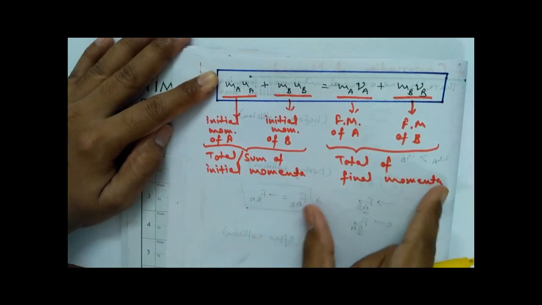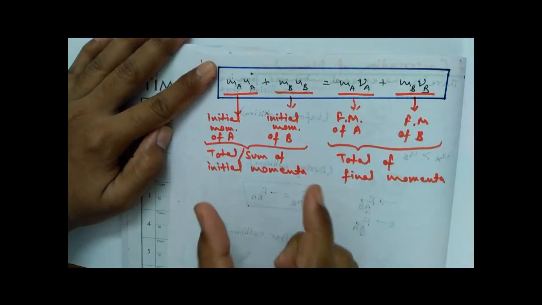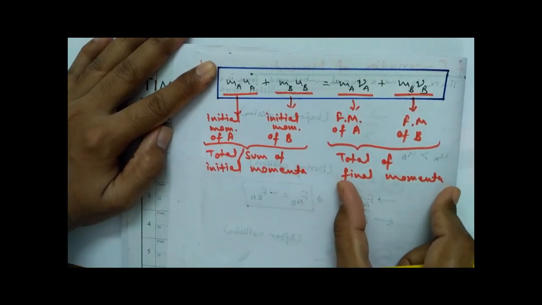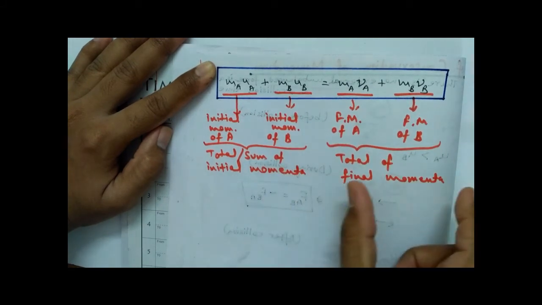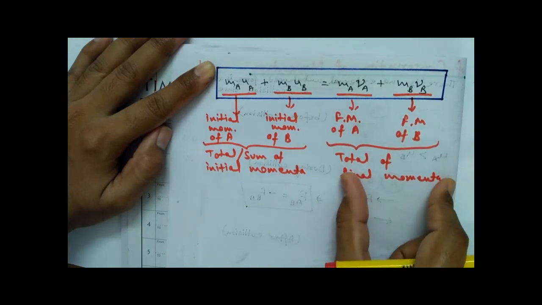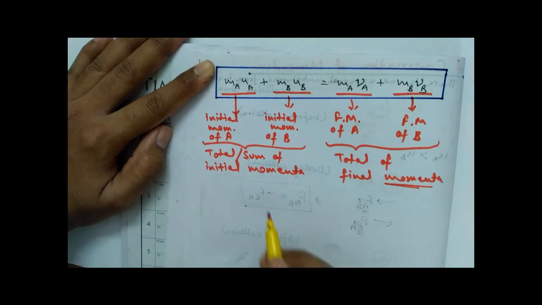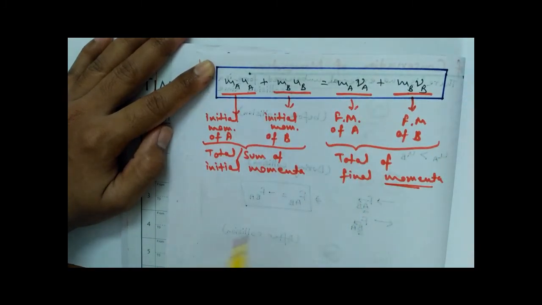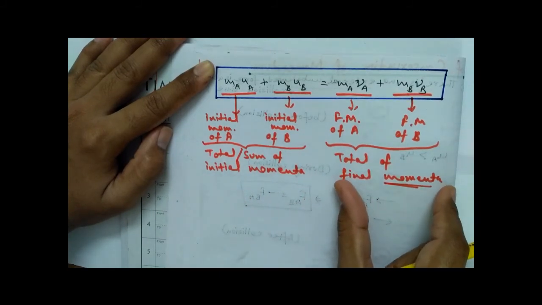That means that during the collision, this initial momentum and the final momentum get equal. This means that it doesn't get changed even from the collision. So the momentum will get unchanged. Why? Because here it is showing you the proof that the initial momentum remains equal to the final momentum.